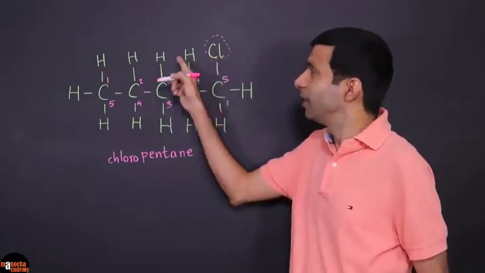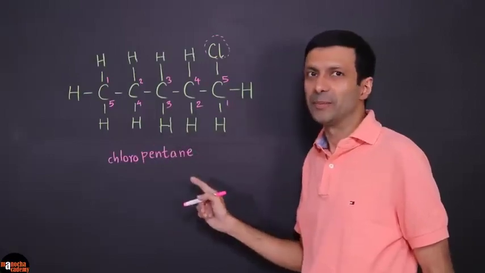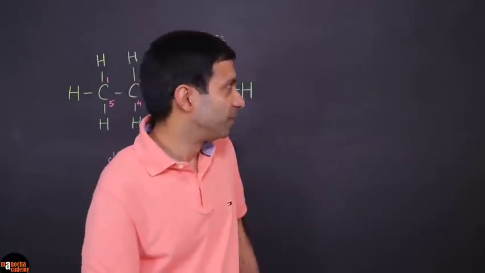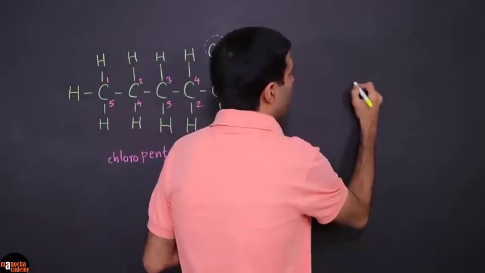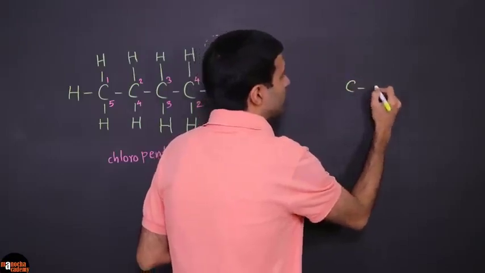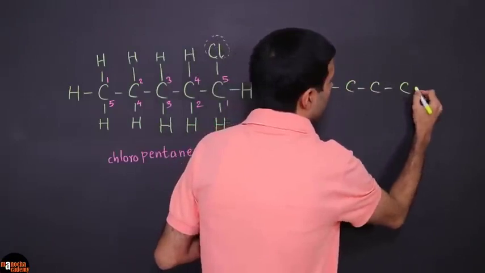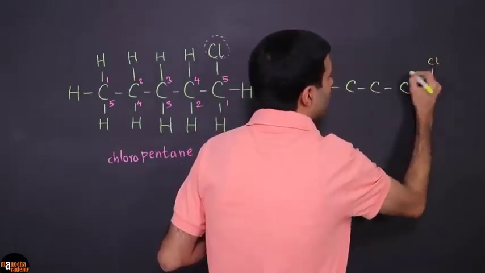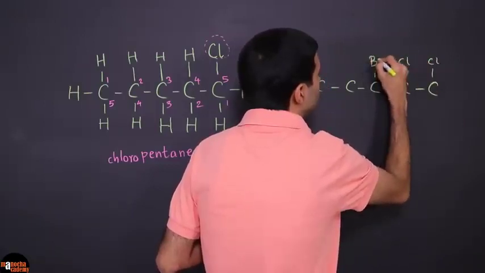But if the chlorine was here, then the name would have been 2-chloropentane, right? Now let's take a look at another example. So let's say again we have 5 carbons here. And we have a chlorine in here, a chlorine in here, and let's say a bromine in here.